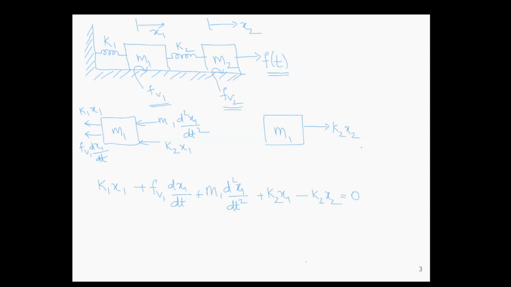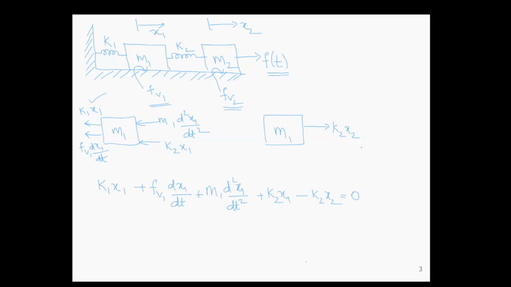Now we will start with the free body diagram of M1. We will show all the forces which oppose the motion of M1. So there is a spring attached with a spring constant K1 that has a force K1 x1. There is a damper, Fv1 dx1 by dt, and due to the mass M1 itself, M1 d square x1 by dt square.